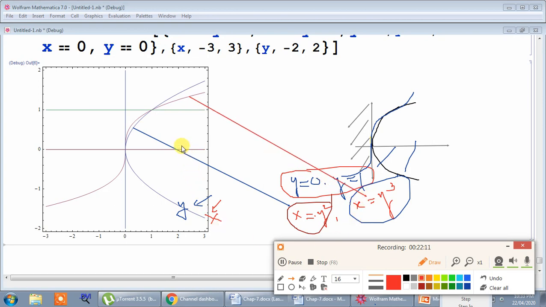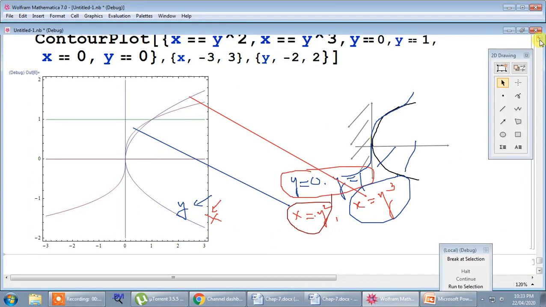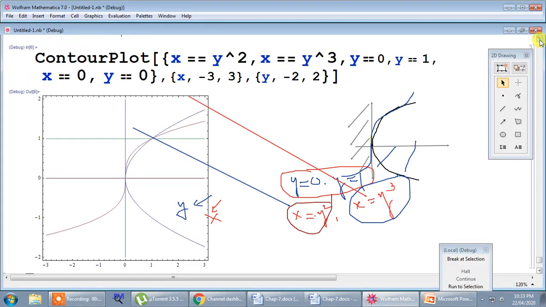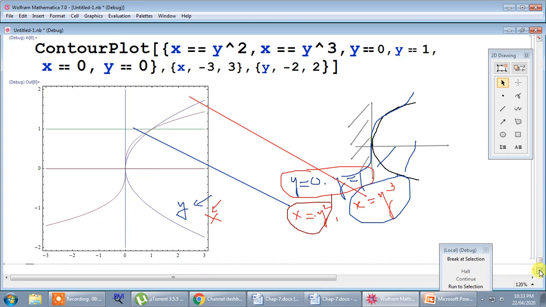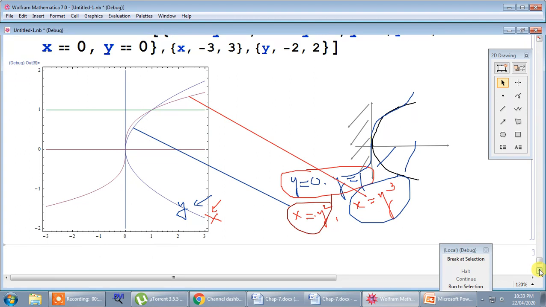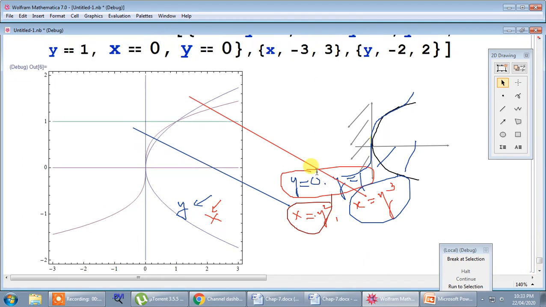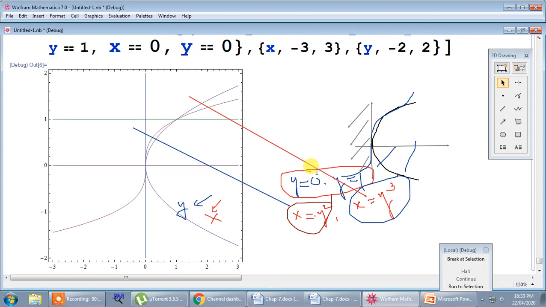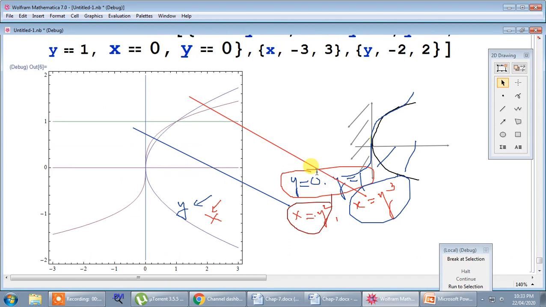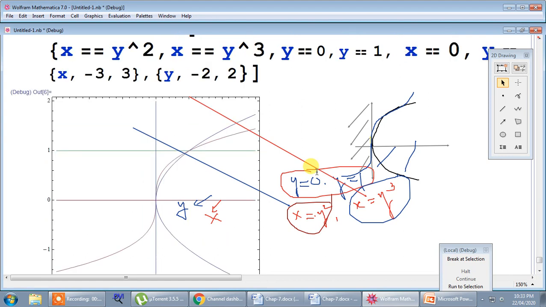Okay, and you can see that we have two more curves. That two more curves are y is equal to 0.